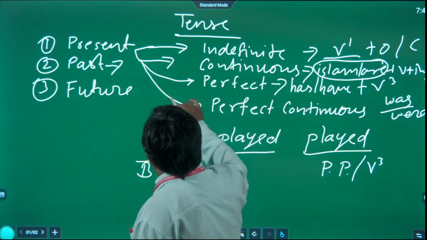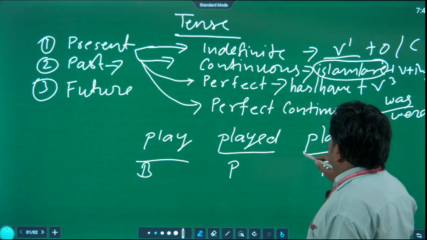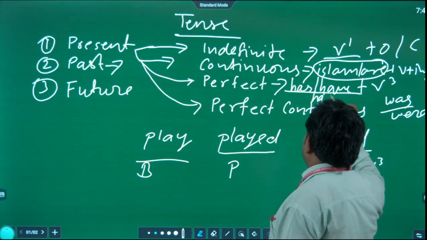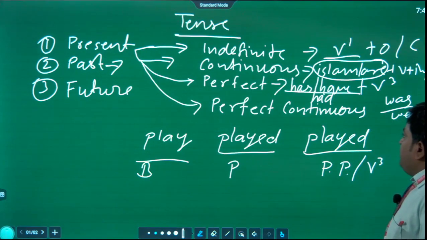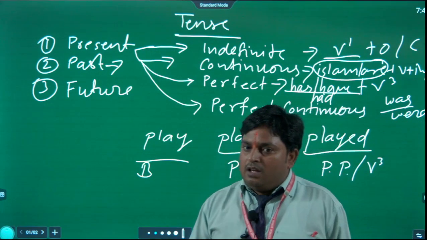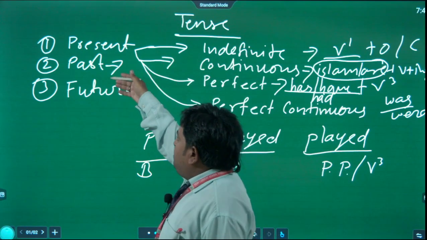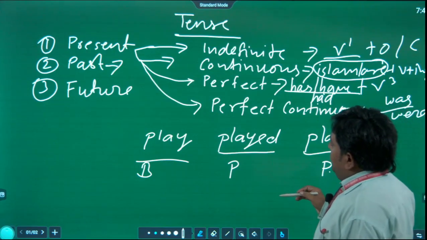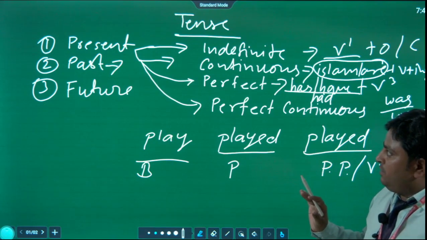Here in the perfect tense, in the place of has or have, we use had as helping verb, and also the third form of the verb is used in every perfect tense. Either it is present perfect, past perfect or future perfect, doesn't matter, we use the third form of the verb in every perfect tense.